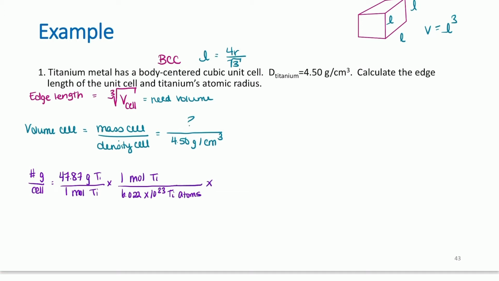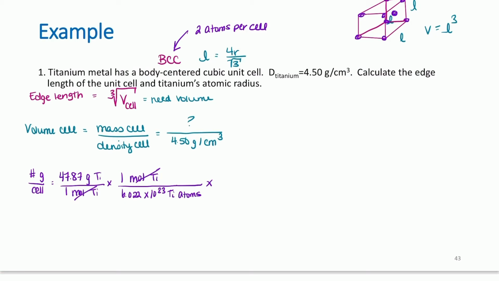Now I could find the mass per atom, but I want it per cell. I've got body-centered, which means 2 atoms per cell. Remember, body-centered has 1 at each corner, and 1 in the body.